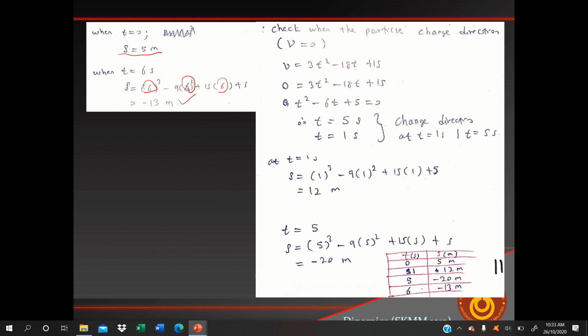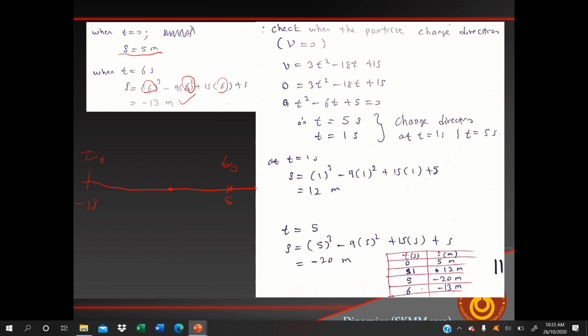Okay, the problem is, this is your timeline. This is the reference point. This is 5 at t equals 0, and this is minus 13 at t equals 6.